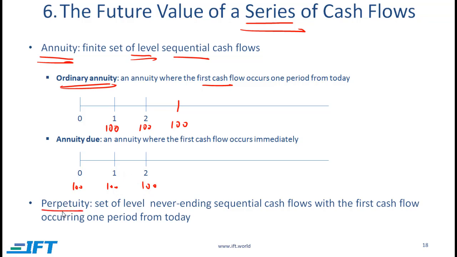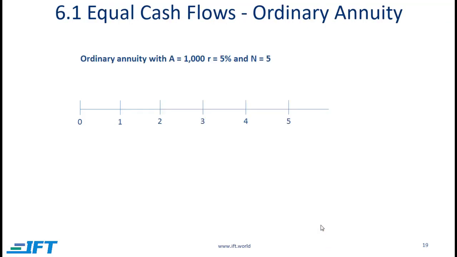A perpetuity is a set of level, never-ending sequential cash flows with the first cash flow occurring one period from today. Here is an example of a perpetuity. The first cash flow is happening one period from today, and then every year you receive $100, and this goes on forever.